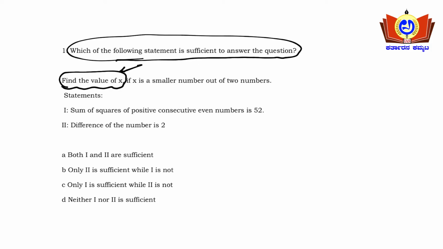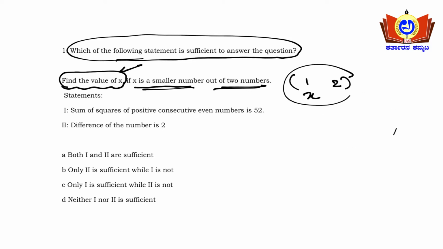And it's also given that x is the smaller number out of two numbers here. So there are two numbers, first number and second number, and the first number is x because it is smaller out of the two numbers, and we need to find the value of x. The first statement tells that the sum of squares of positive consecutive even numbers is 52.